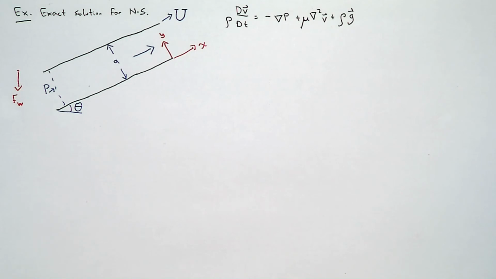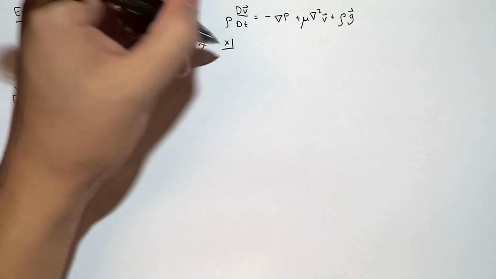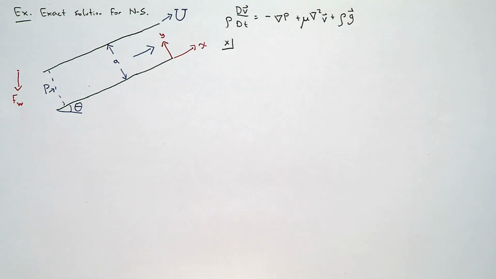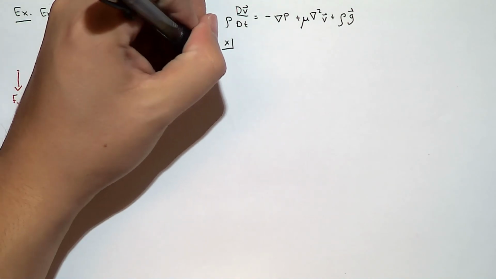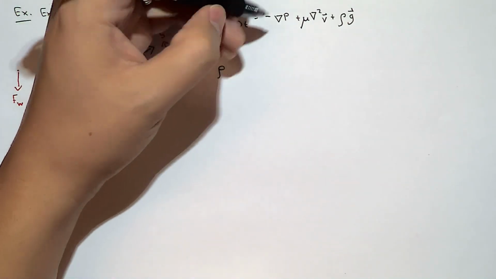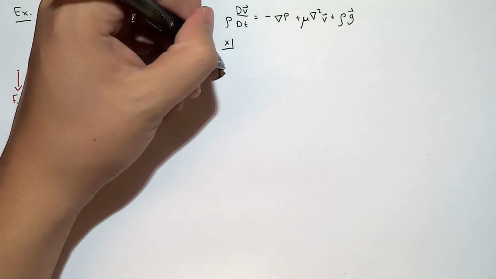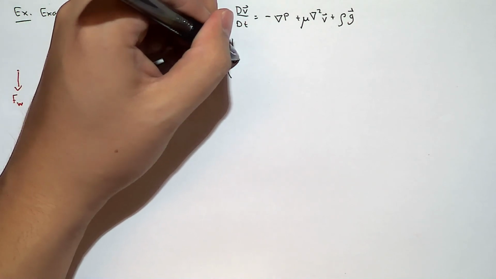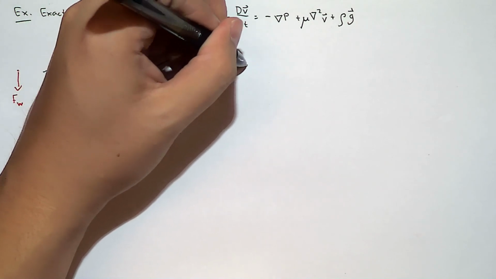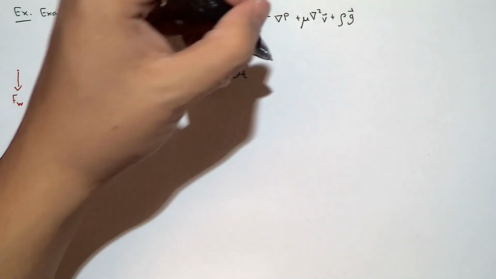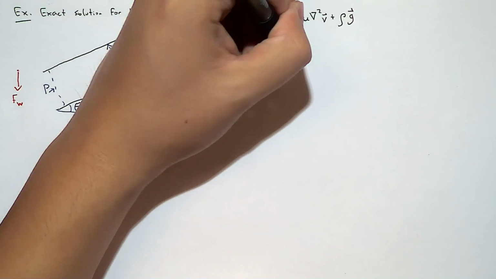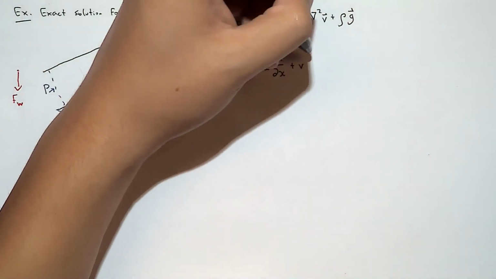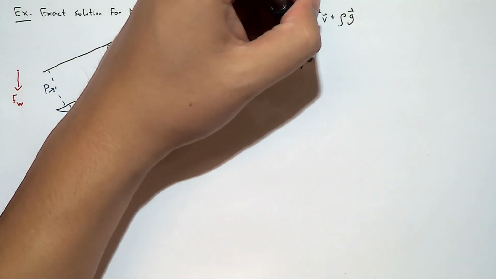Exactly. We only have movement in the x direction, which means that we really only need the x component of the Navier-Stokes equation. So I'm going to expand the equation in the x direction. I have density times the material derivative of velocity with respect to time. As a review of last week, the material derivative is equal to the temporal change plus the convective or spatial change.